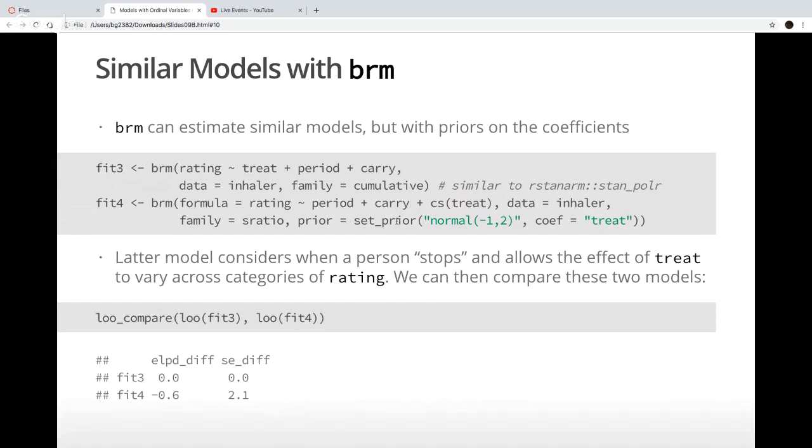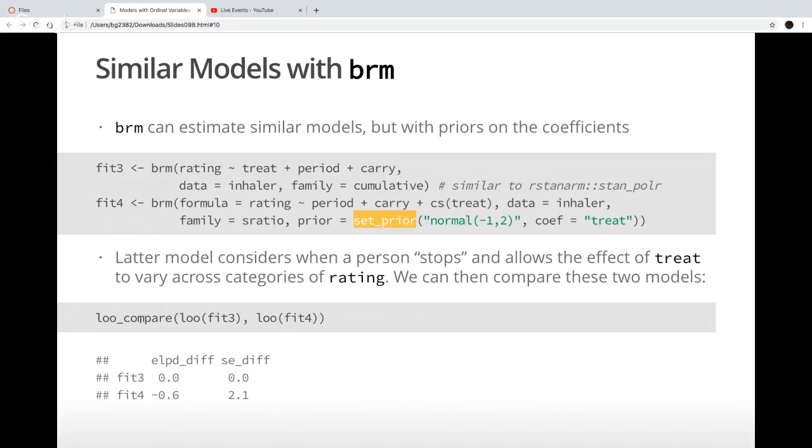We can make calls to set prior, to put a weakly informative prior on the treatment effects and things like that. We can compare these two models as far as their expected log predicted density for future data, and we find out that we're basically indifferent between the two, which happens a lot.